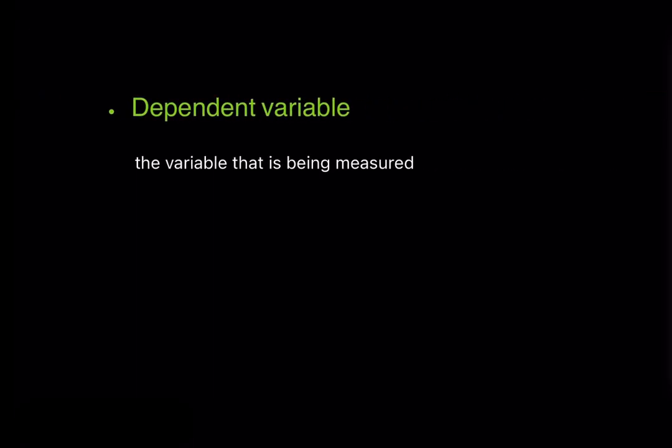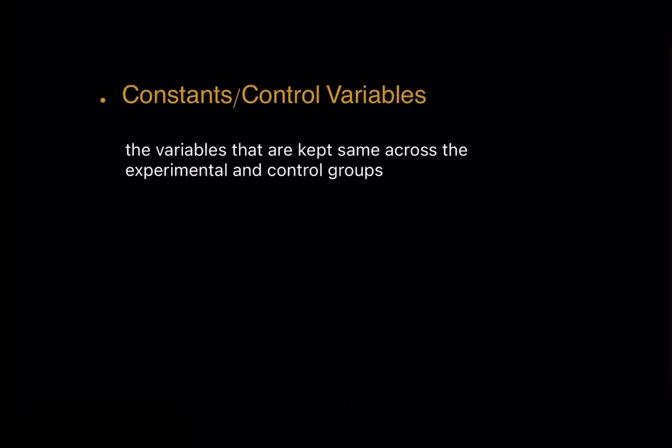Dependent variable is a variable that is predicted to change in response to your independent variable. And remember, this variable is the one that you are measuring, and it depends on the independent variable, not vice versa. We will look at an example to actually put this into practice. So what's a constant? Constants are also called control variables, the variables that are kept the same across the experimental and the control groups.